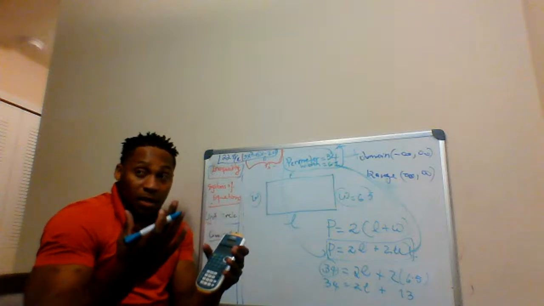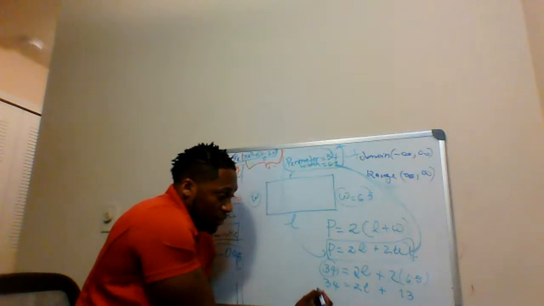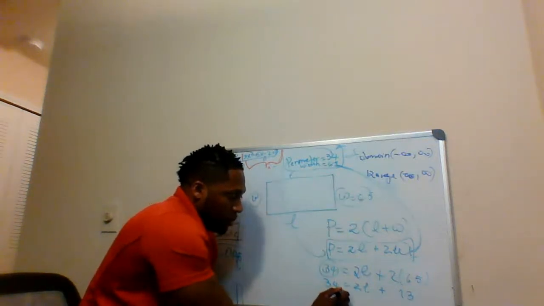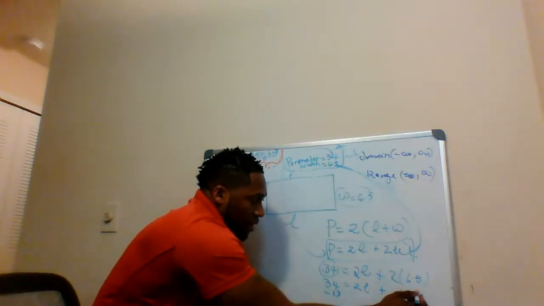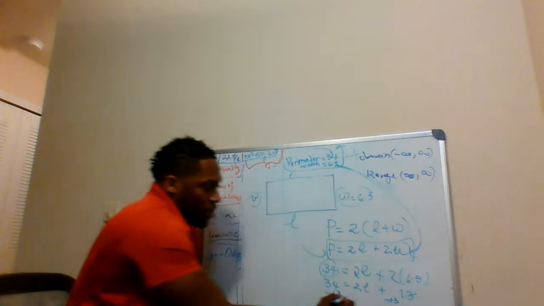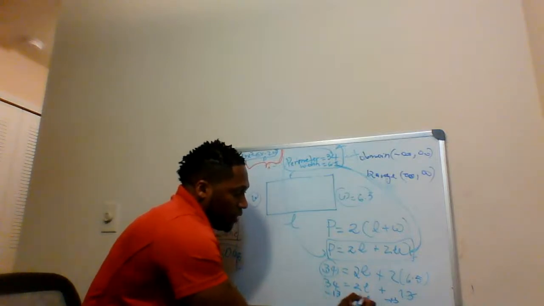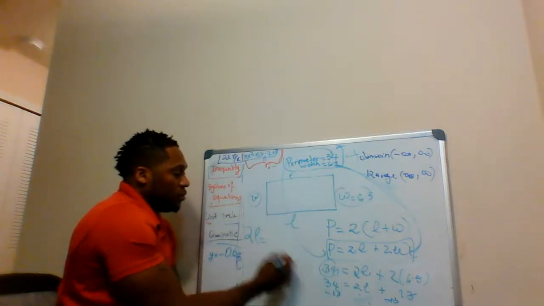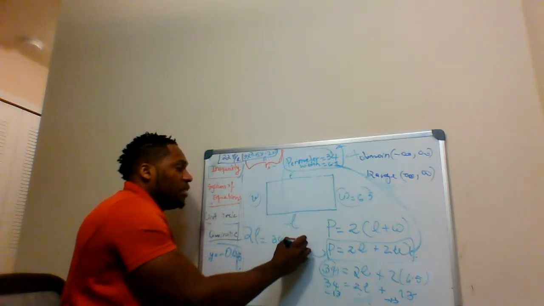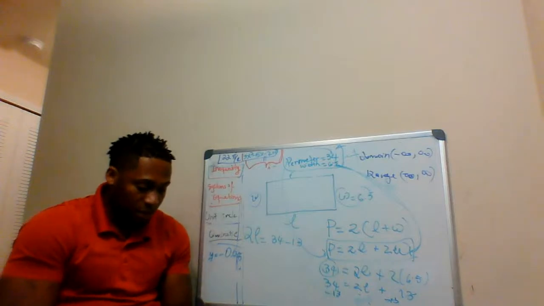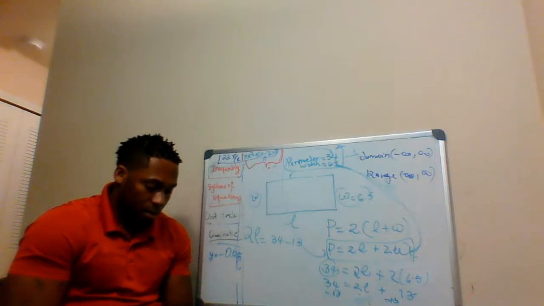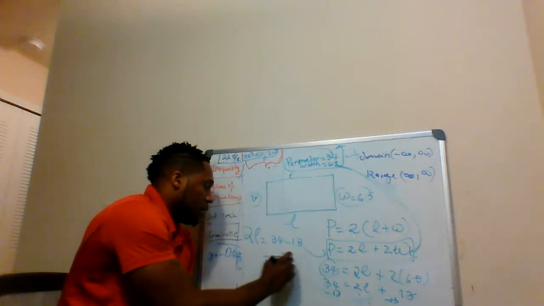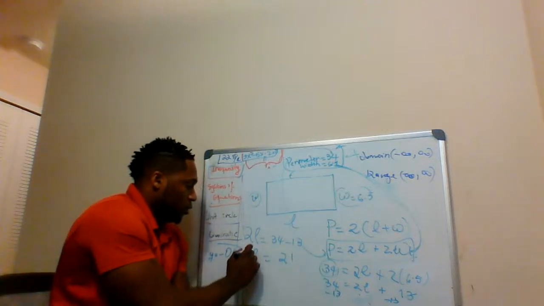I want the L to be by itself. I'm solving for L. So it's 34 minus 13 on both sides. Let's subtract 13 on both sides. That 13 minus 13 is gone. So 2 times the length is equal to what? 2L is equal to 34 minus 13, right? What's 34 minus 13? 21. 2L is equal to 21.